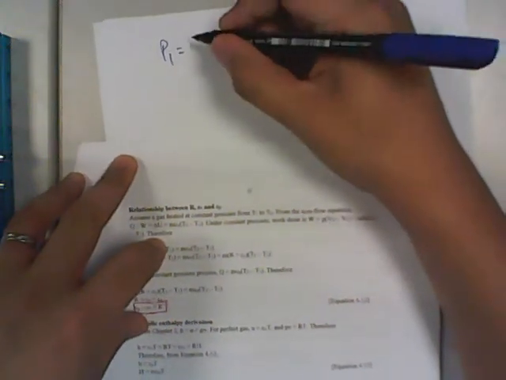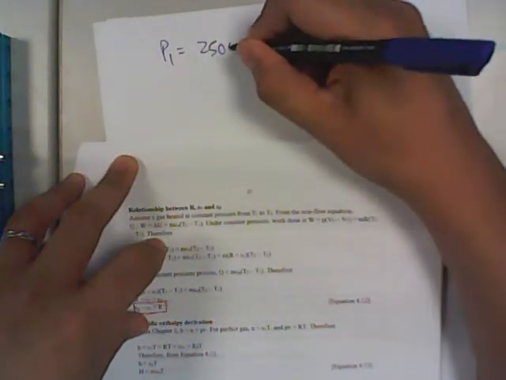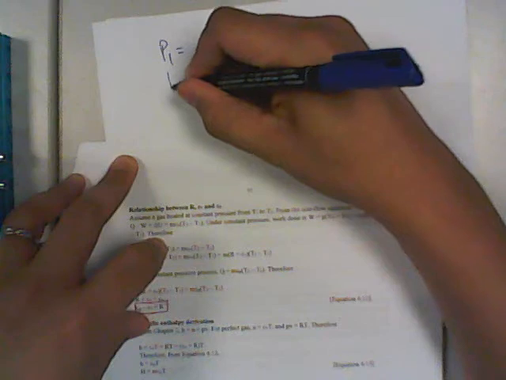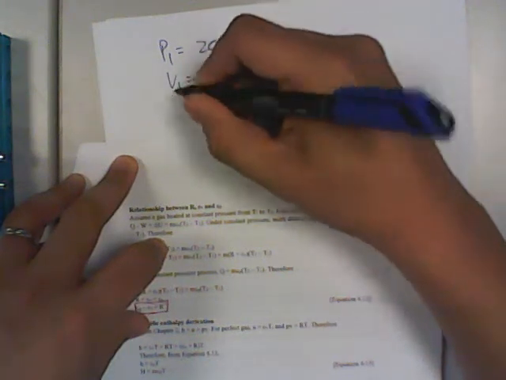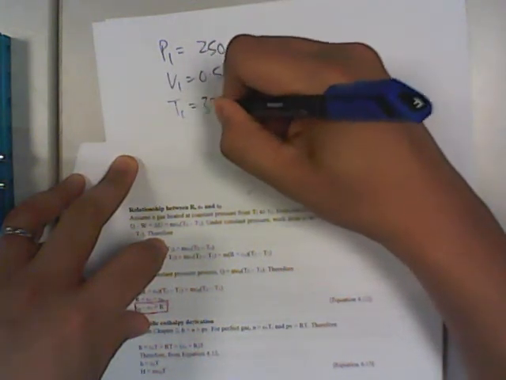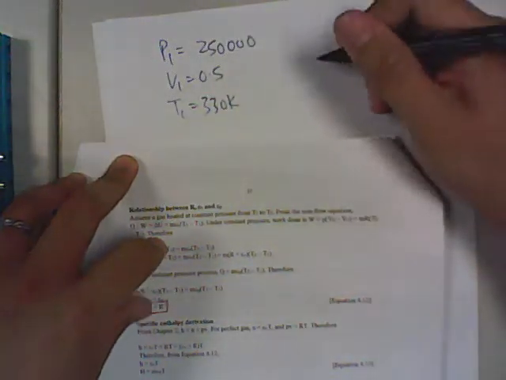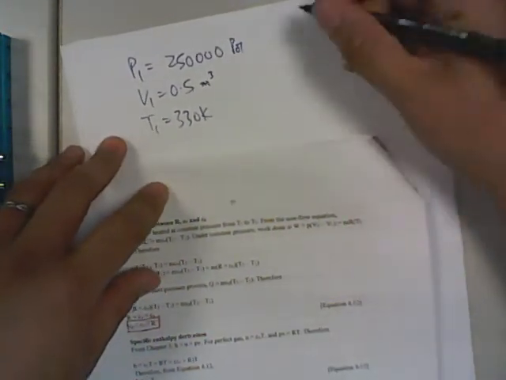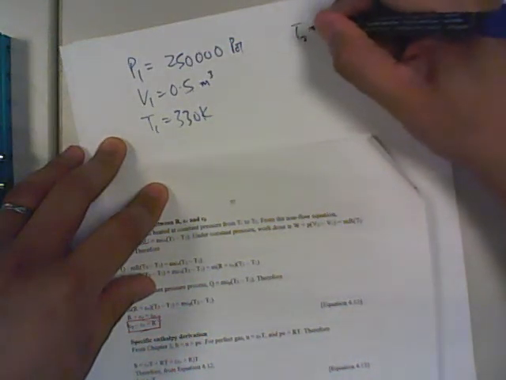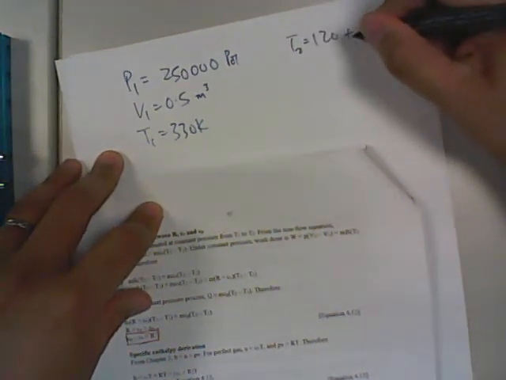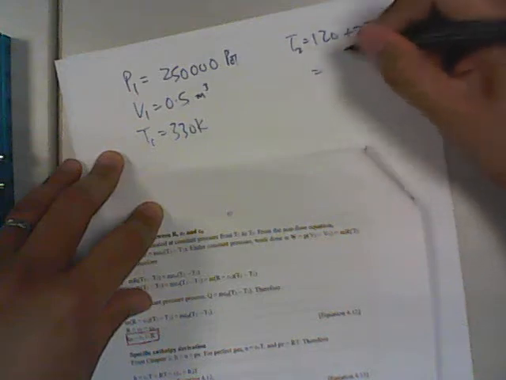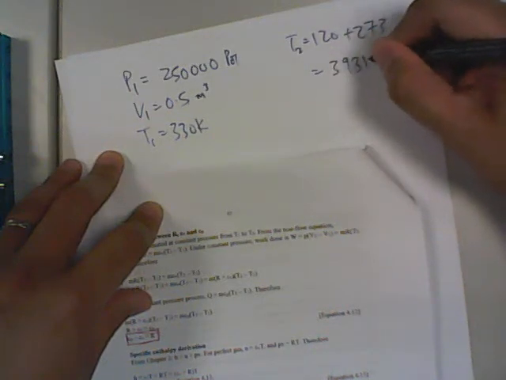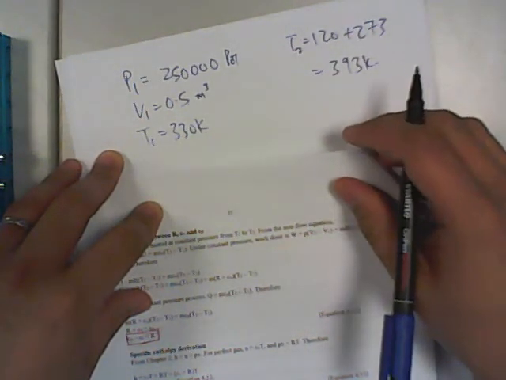P1 is 250,000. V1 is 0.5. T1 is 330 Kelvin. Okay, this is meter cube, this is Pascal. And you know that T2 is 120 plus 273. This gives you 393 Kelvin.